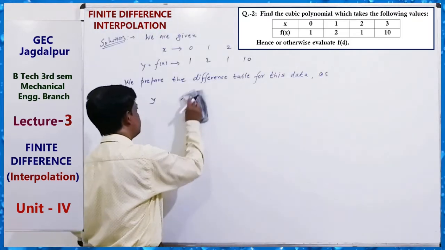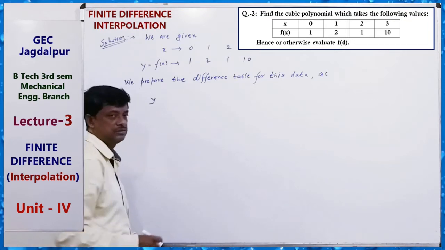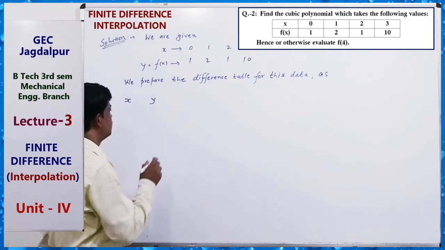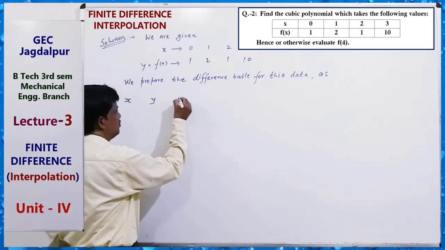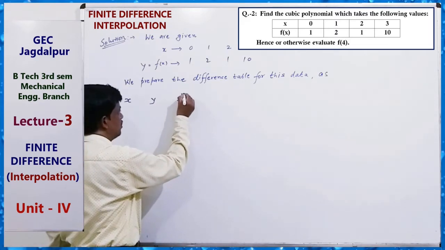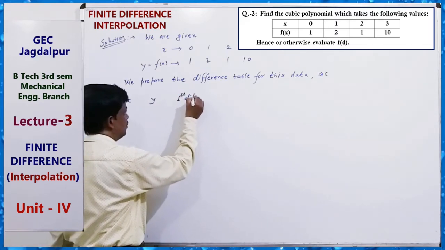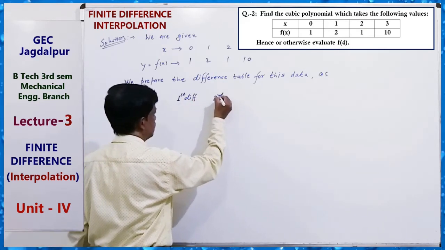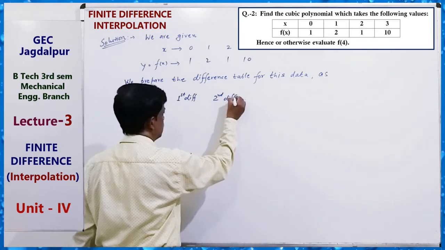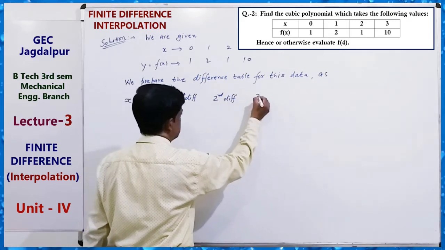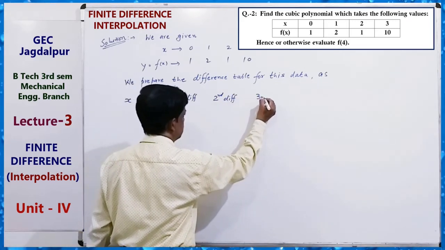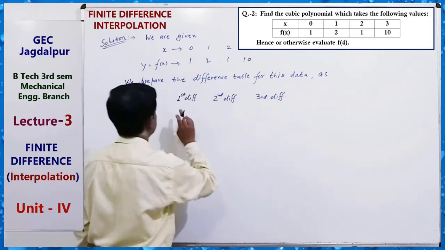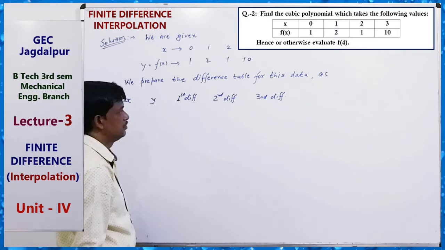So just write first difference, because we will use also backward difference here. First, second, third. Okay.